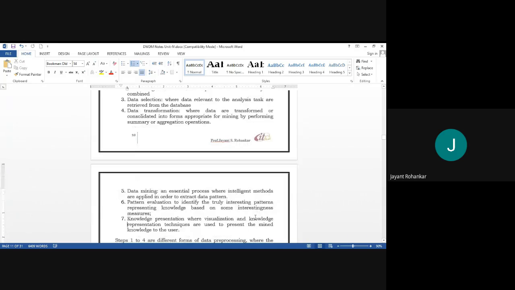data mining. Data mining is an essential process where intelligent methods are applied in order to extract the pattern. You know what is meant by pattern? We have taken one example of whenever one customer is going to purchase milk in the morning at the bakery or in the shop.